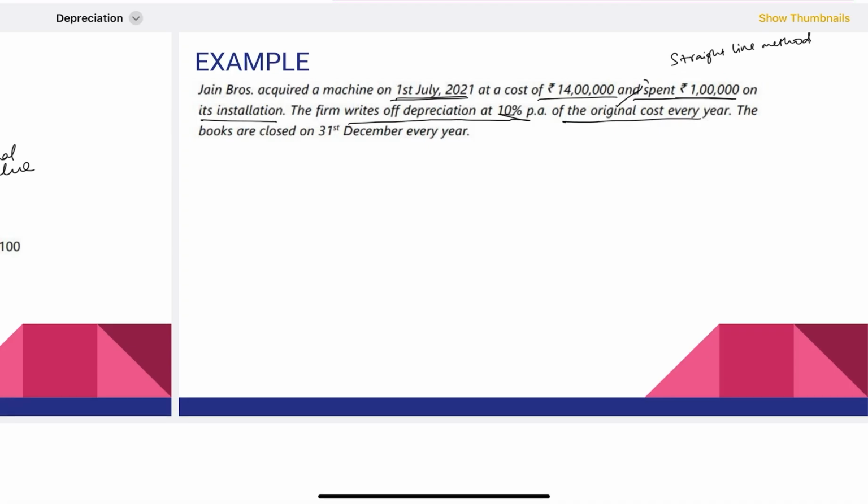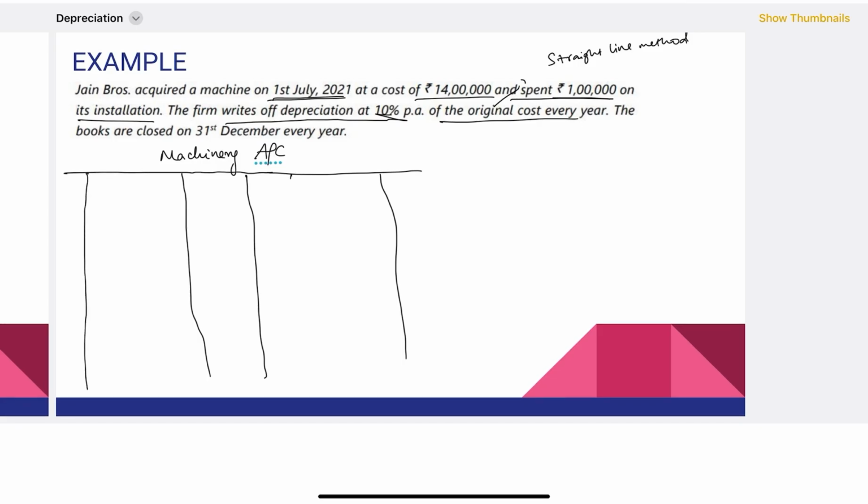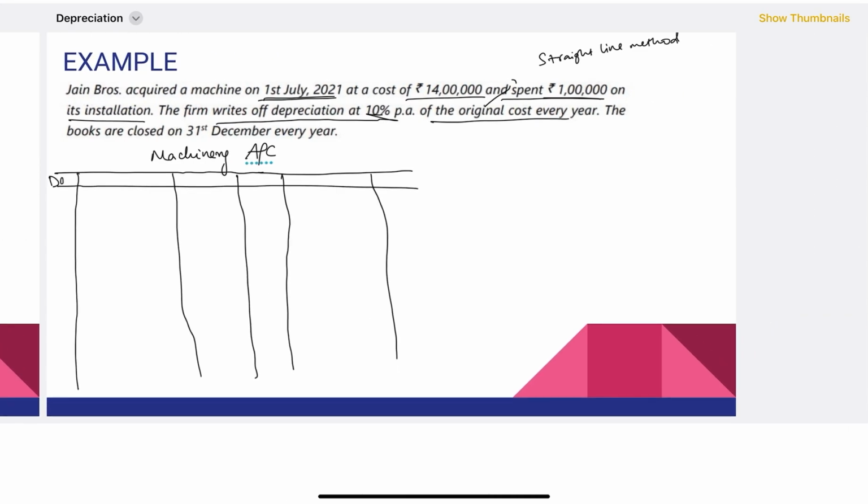So let us prepare a machinery account. While preparing the machinery account, we will pass the entries. So it is date, particulars, amount, and again date, particulars, amount.